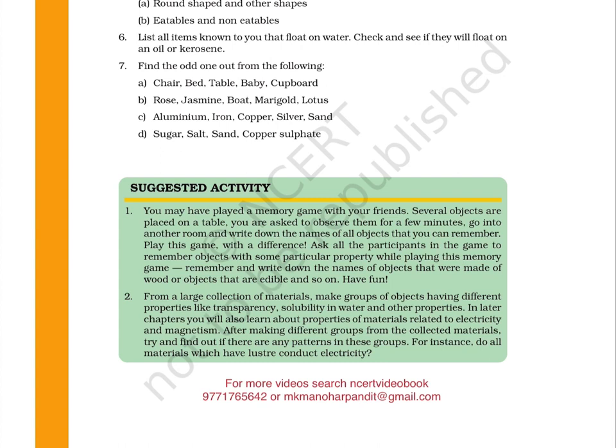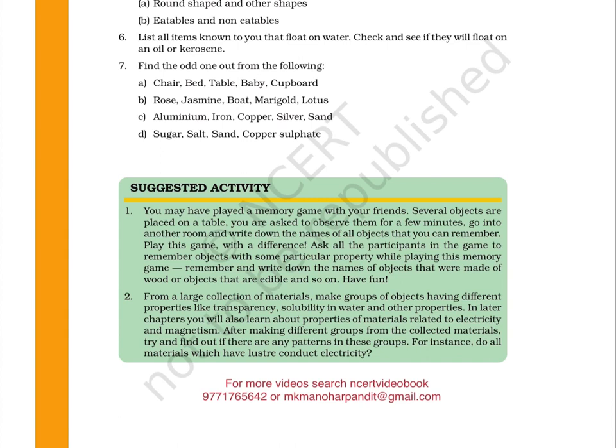Suggested activity: 1. You may have played a memory game with your friends. Several objects are placed on a table. You are asked to observe them for a few minutes. Go into another room and write down the names of all objects that you can remember. Play this game with a difference.